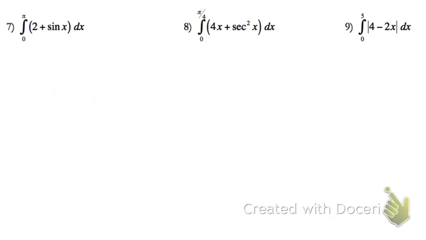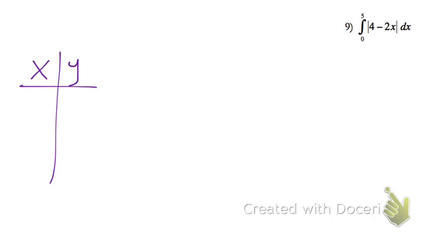So if I graph this, I'm going to make a little XY chart. And I'm going to plug in some values between 0 and 5. So I'm going to plug in 0, 1, 2, 3, 4, and 5.